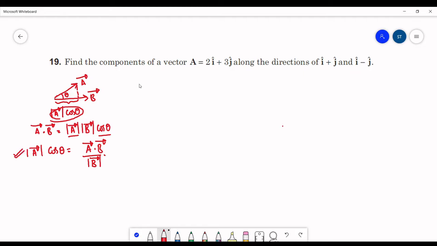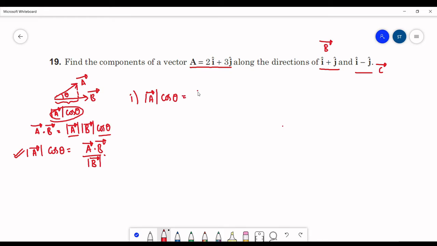So first let us find out the component of a bar along the direction of i cap plus j cap. Let us take this vector as b bar and let us take this vector as c bar. So first I am going to find out the component of a bar along the direction of b bar. So I am taking this as the first part, mod a into cos theta.